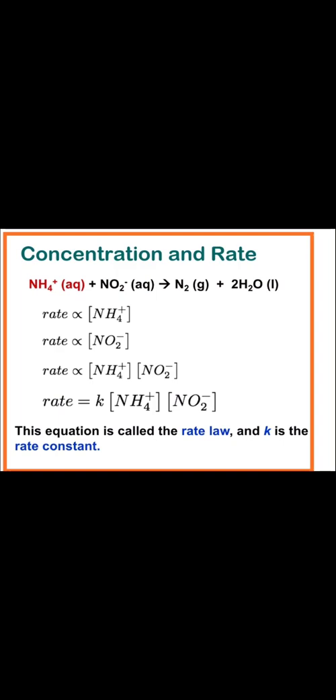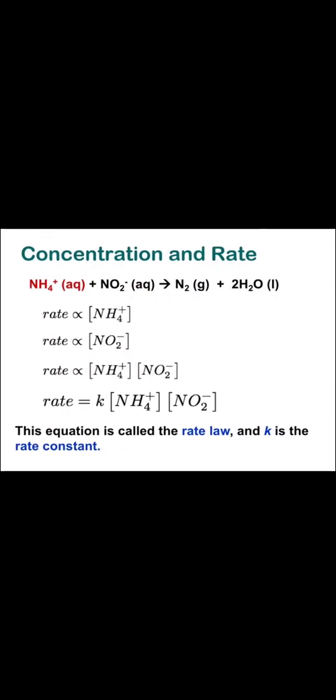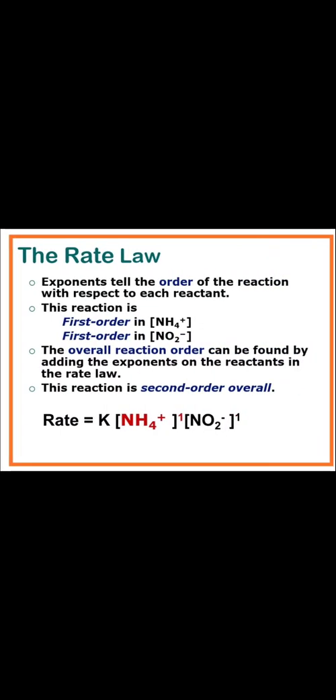So the rate of reaction is equal to k into concentration of NH4 plus raised to 1 into concentration of NO2 minus raised to 1. That is the rate law for this reaction, where k is a rate constant. See that the values calculated are x is equal to 1 and y is equal to 1.